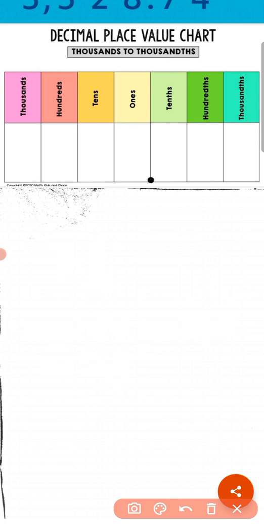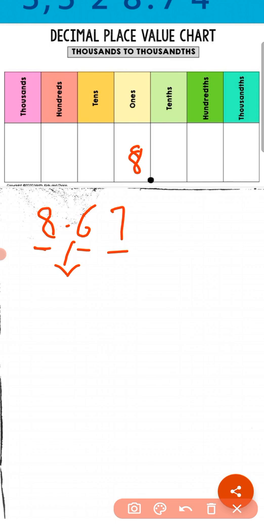Next is 8.67. This is the decimal point. This place is ones, and after the decimal the first place is tenths and second place is hundredths. Now write this in the place value chart. 8 ones, 6 tenths, 7 hundredths.